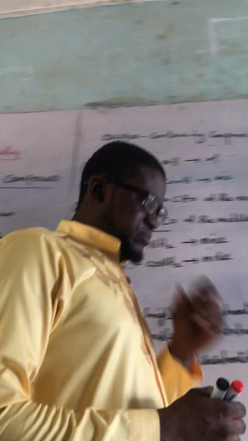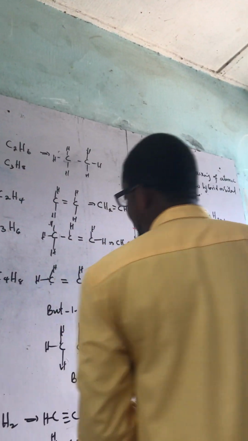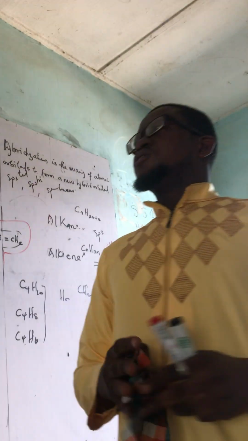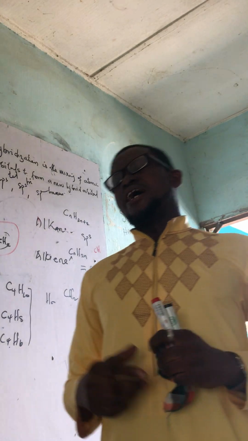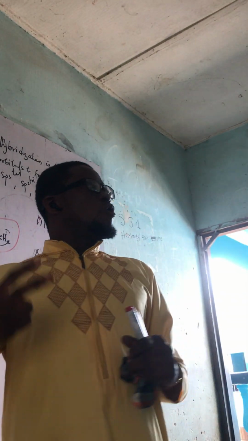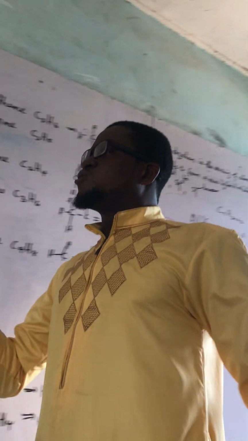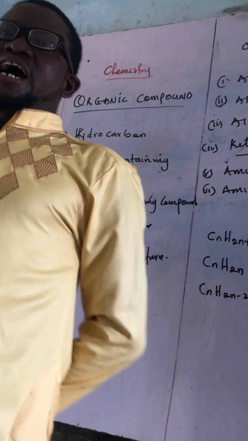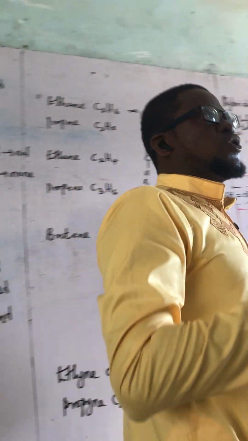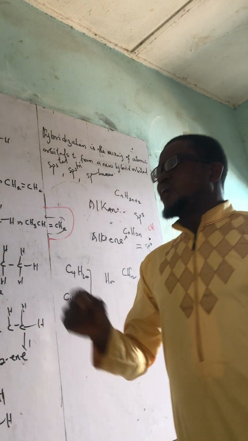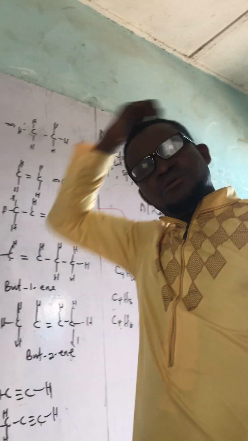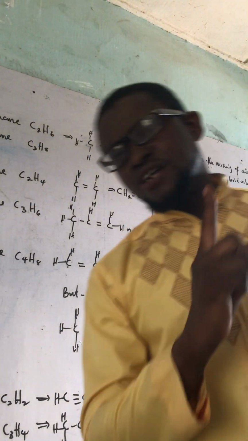What is meant by isomerism in chemistry? Isomerism can be said to occur when two or more organic compounds have the same molecular formula, but different molecular structure.